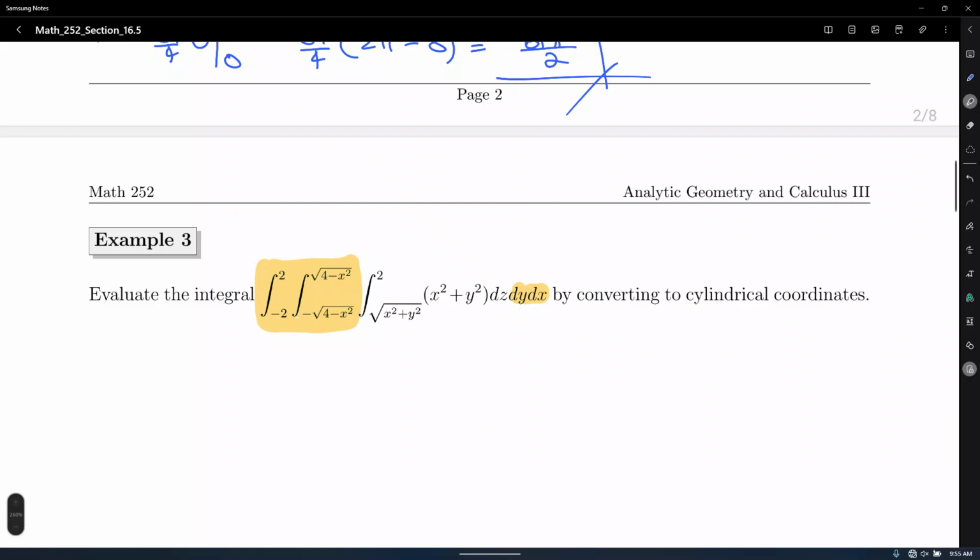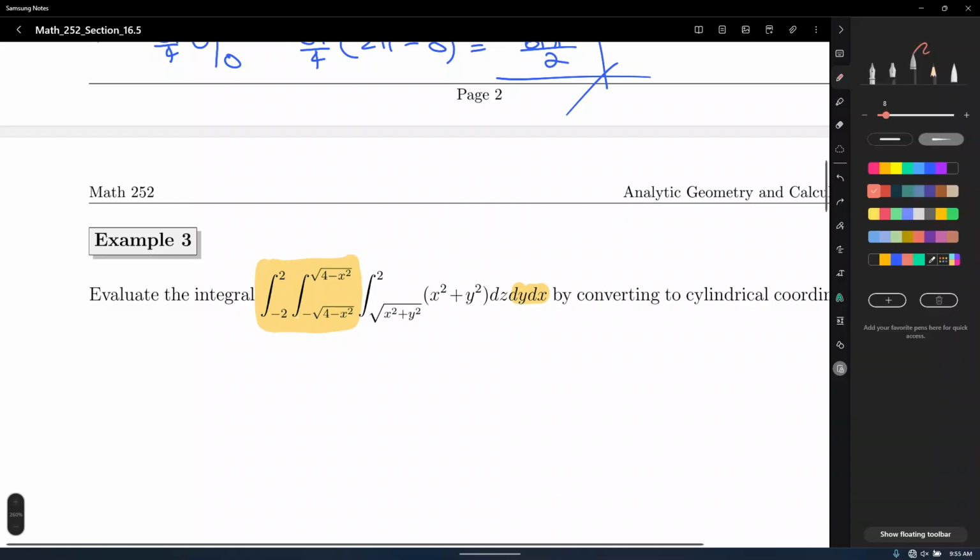It's a semicircle. Upper semicircle, and lower semicircle.